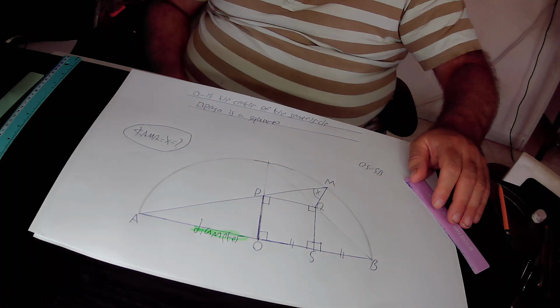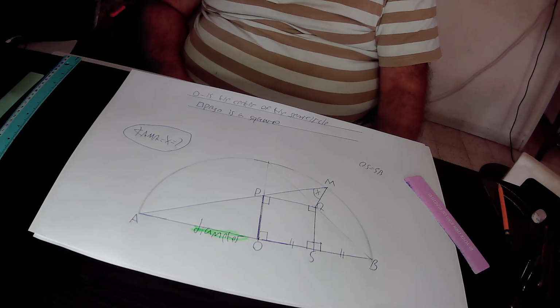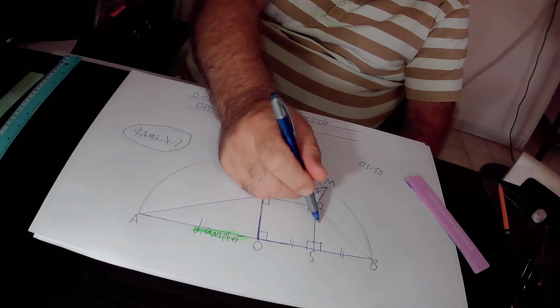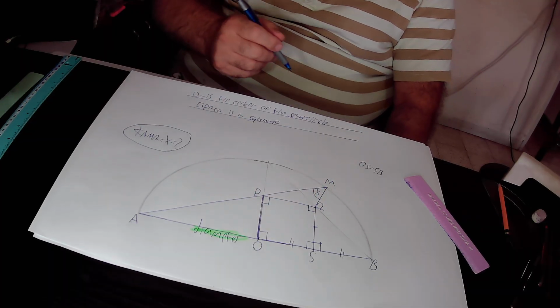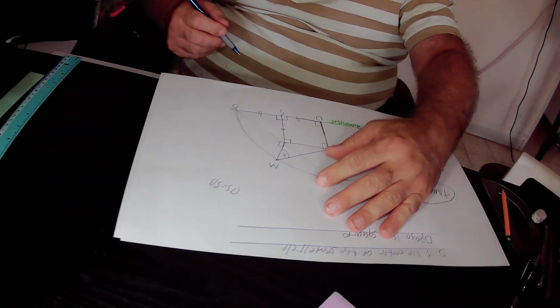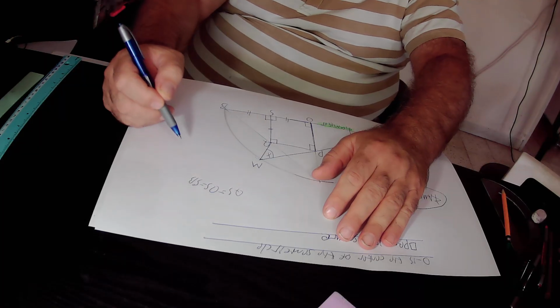We also know that all the sides of any square are equal to each other. That is to say, side QS equals to side SO. QS equals to OS. So, you can write here that QS equals to OS.